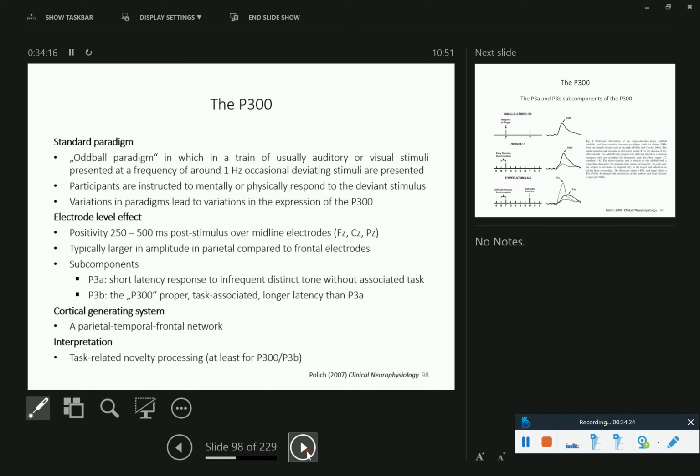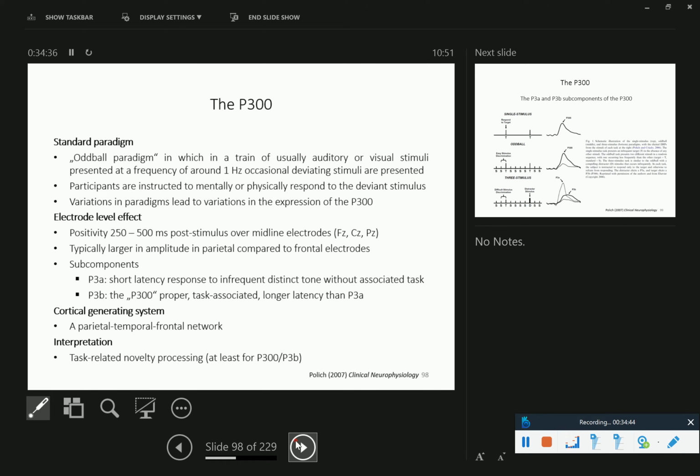So what's the difference then between P3A and mismatch? It's later. Just the latency. And I'm not sure how much of a P3A you actually see if you don't.